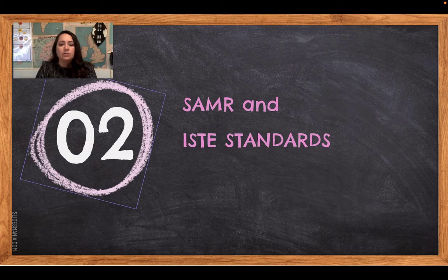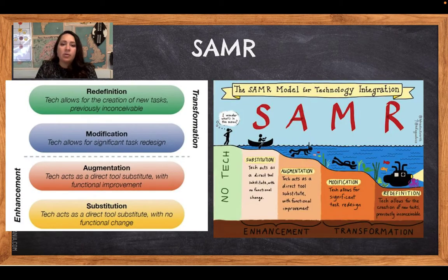Okay. So what are these SAMR and ISTE standards? So in technology, we have our own set of standards that are not tied to content. SAMR is a way of thinking about technology implementation. So we want technology to increase student learning, to increase student engagement. We don't want technology just to substitute something that already was doing a good job.